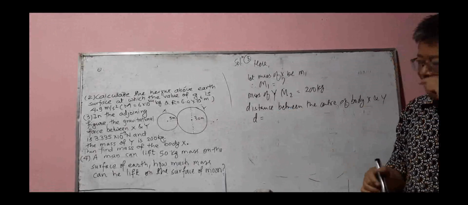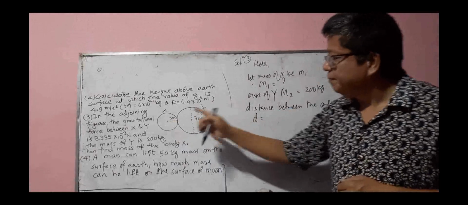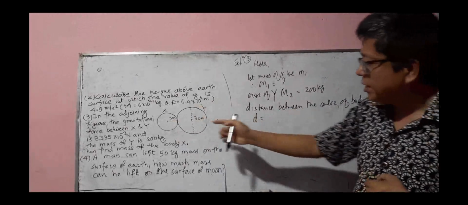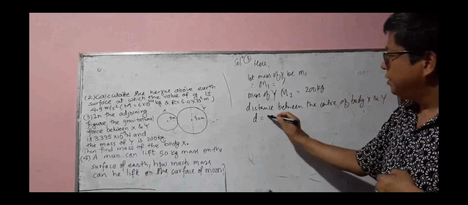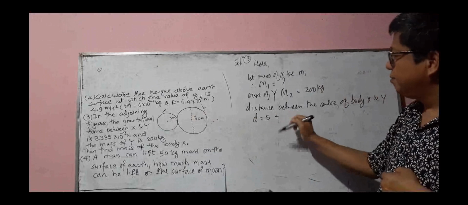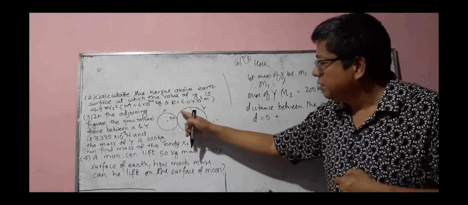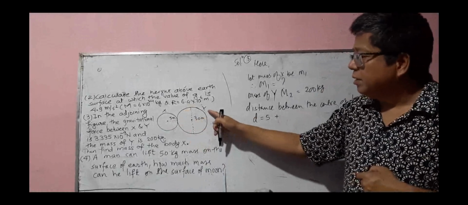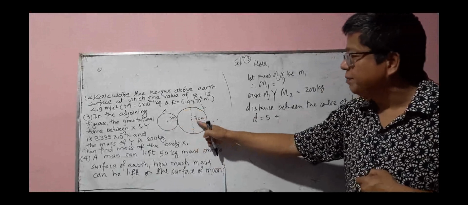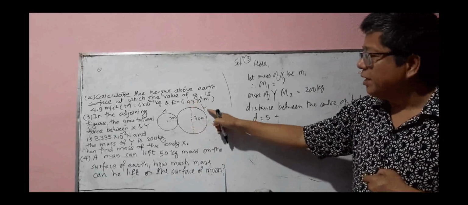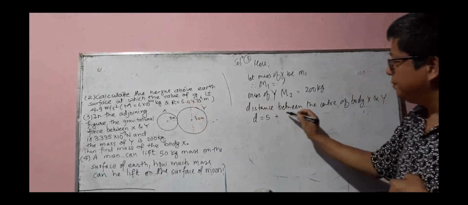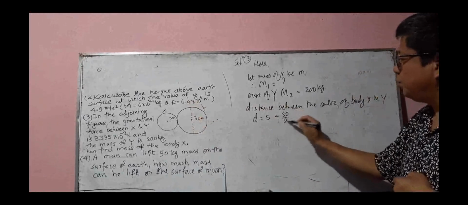Look at here, they are connected, and the radius of x is 5, so you write 5 plus, but the radius of y is half of 30, because 30 is a diameter, so 30 by 2.